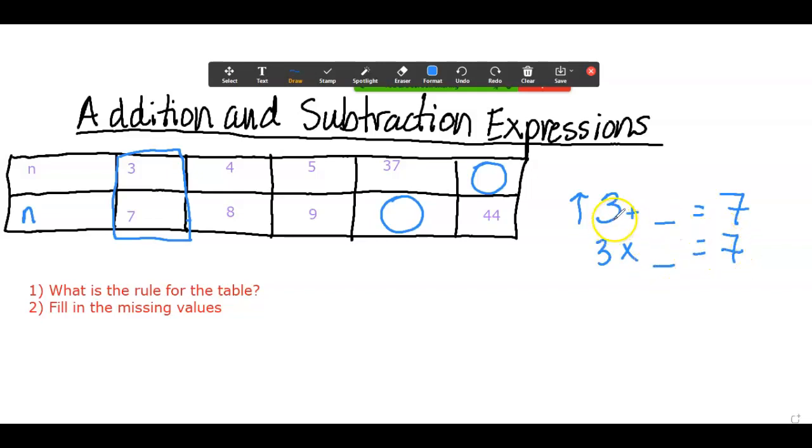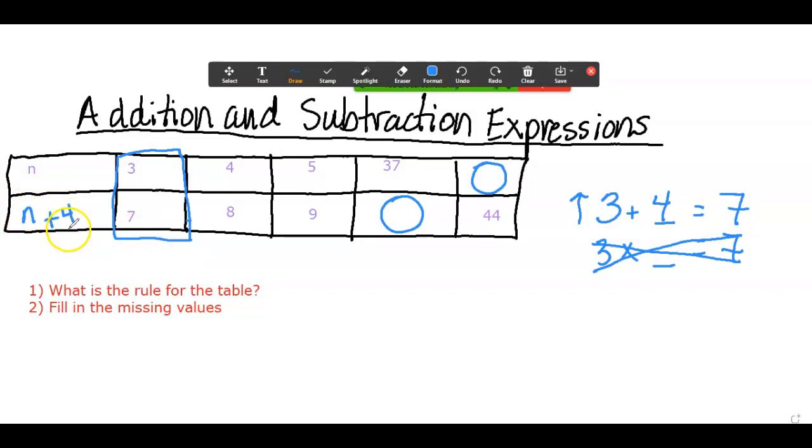Well, 3 plus what is 7? Right, 4. 3 times what is 7? There's no whole number that I can multiply times 3 to get 7. So I'm thinking that my rule is plus 4.